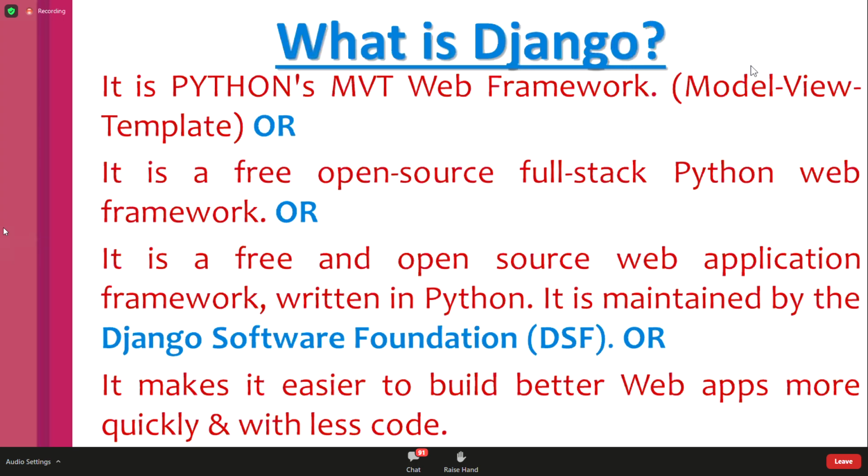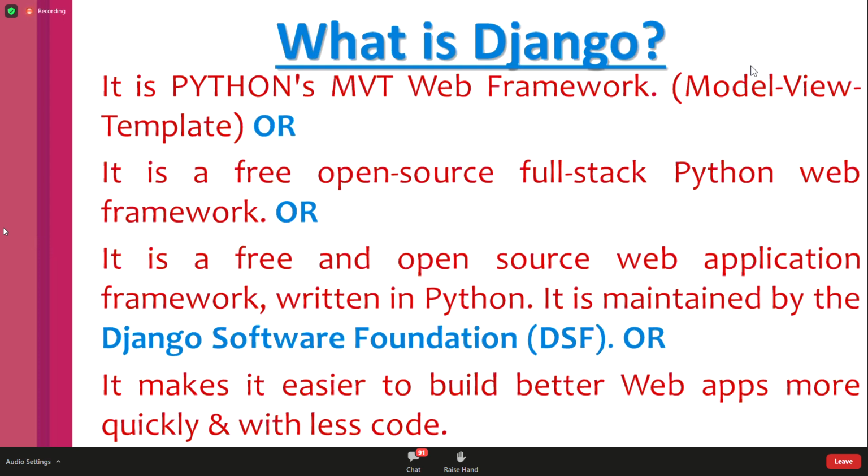Model represents the database backend. View represents the logical part where we are writing Python code. T, the template, is the UI part where we visualize things, where we see the user interface.